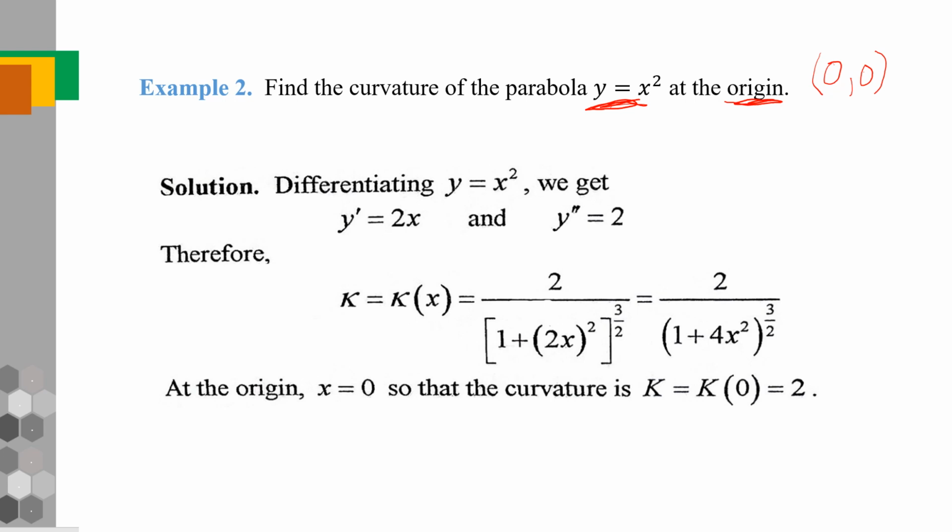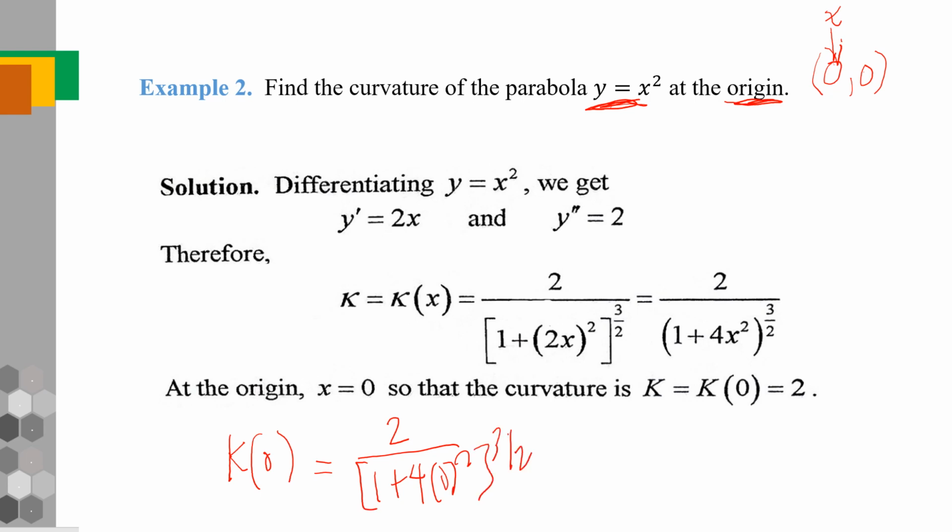And take note, ang ating kunin na curvature is yung point na nasa origin. Okay, so that means yung x value natin dito is equal to 0. So meron tayong kappa of 0, that will be 2 over 1 plus 4 times 0 square, and that is raised to the 3 halves. Okay? And that is equal to 2 over 1, and that is equal to 2.